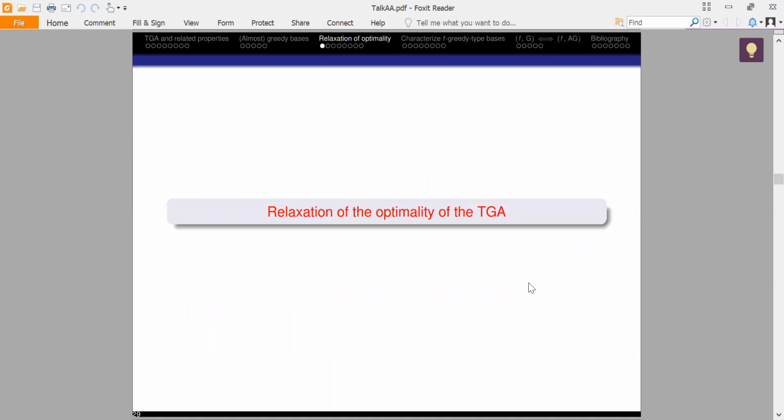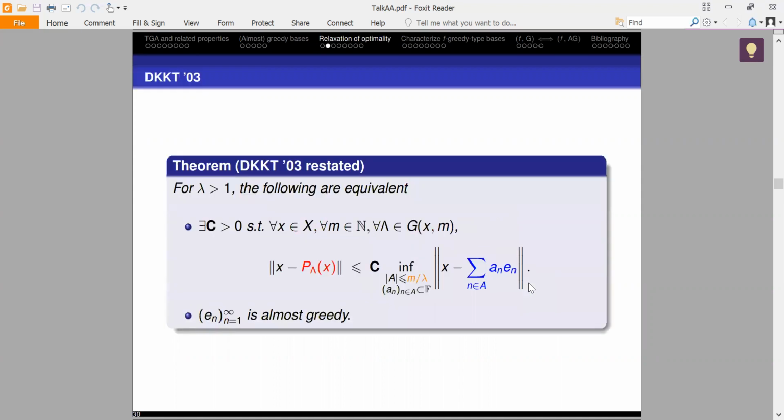So now we talk about how we might relax the optimality of the thresholding greedy algorithm. This is a result by DKKT in 2003. They show that this inequality is equivalent to being almost greedy. Remember, almost greedy involves only projections.